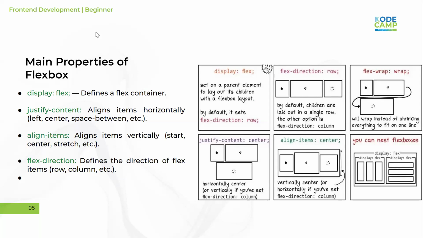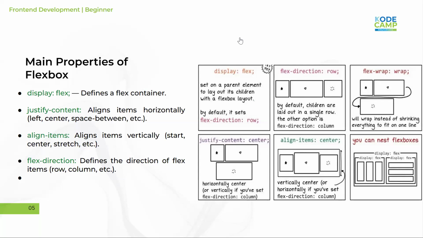So, justify content. When you want to align an item in Flexbox, you use justify content. If you want there to be space in between or space around, instead of using margin and padding, you can actually use justify content on the horizontal axis to make space. Just like, okay, now you want to have elements with space between them.